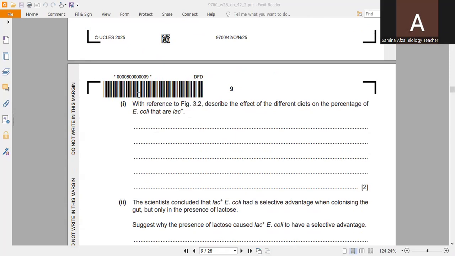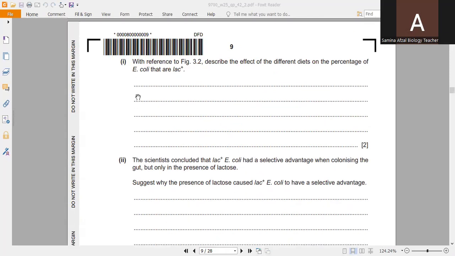So the question is, with reference to figure 3.2, describe the effect of the different diets on the percentage of E. coli that are lac plus. Here you can see, according to the graph, in both diets the percentage of lac plus E. coli increases over the 6 day period, but the increase without lactose is not as fast as in comparison to the diet with lactose. So on the lactose diet, the percentage is higher from day 0 to 6 in comparison to the no lactose diet.